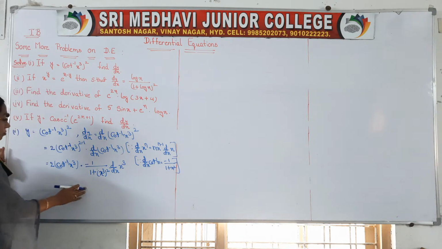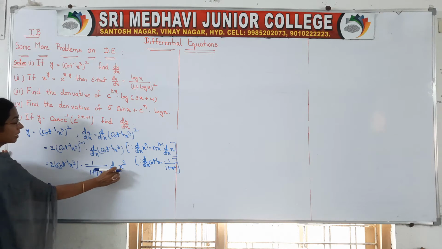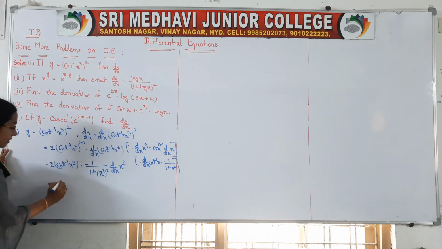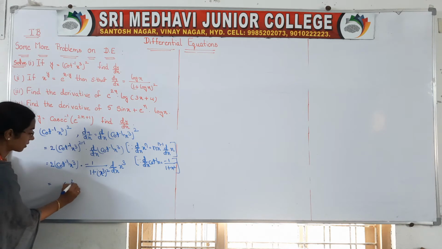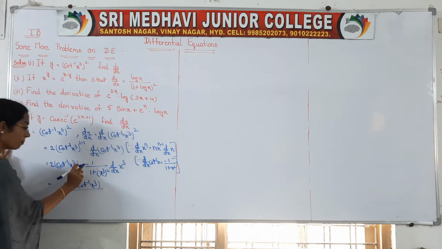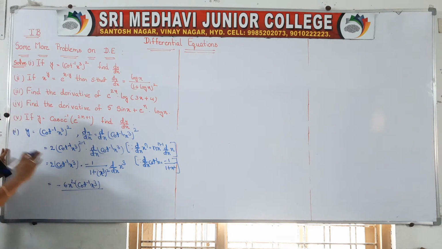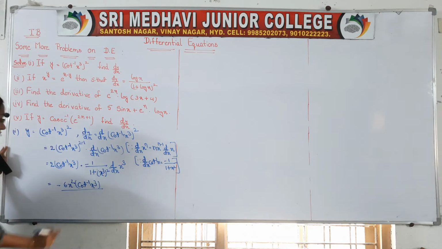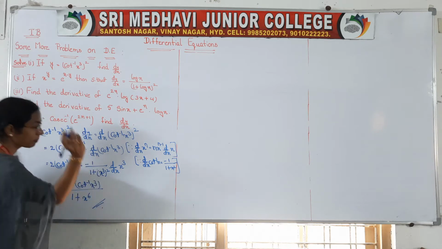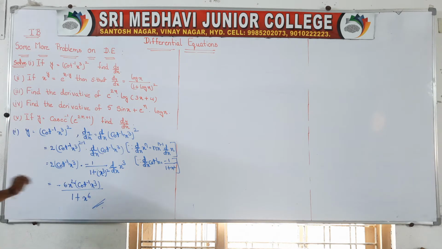D by dx of x cube is 3x square, and 3 twos are 6, right? So 6x square cot inverse x cube, with the minus sign, since multiplying with minus makes the total value negative, by 1 plus x to the power of 6 is the answer of this question.